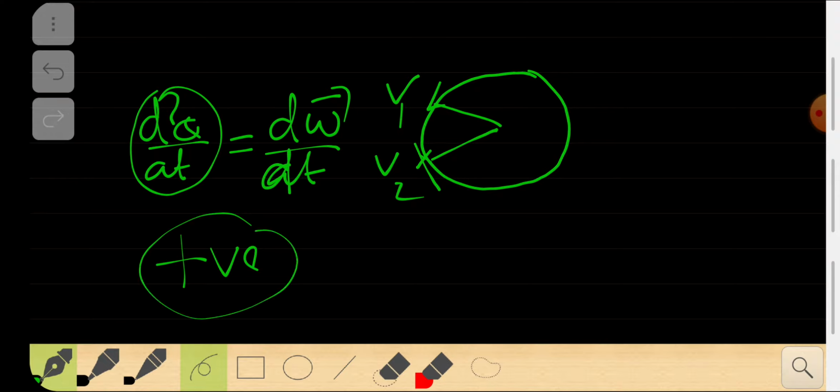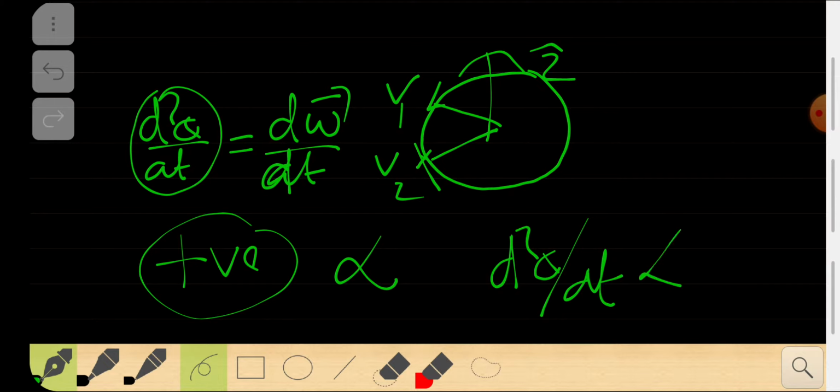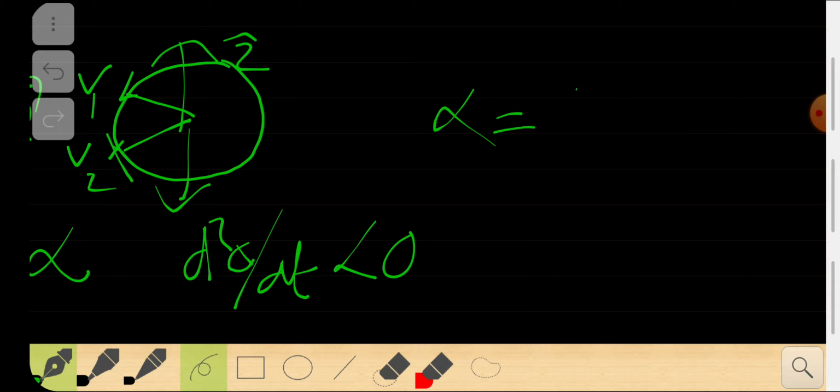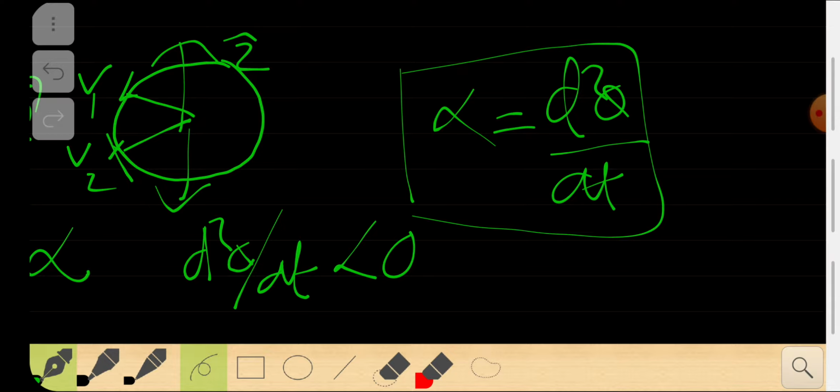That means alpha, which is d square theta by dt square, will be in the positive z axis. If d omega by dt is less than 0, then it will be in the negative z cap direction, and if it's positive, then it's greater than 0. So that's the direction of angular acceleration alpha, which is equal to d square theta by dt square. Just wanted to put it out there.